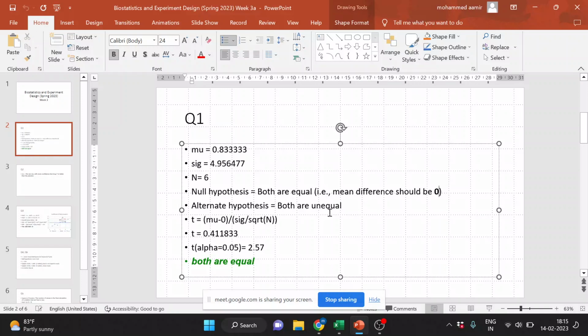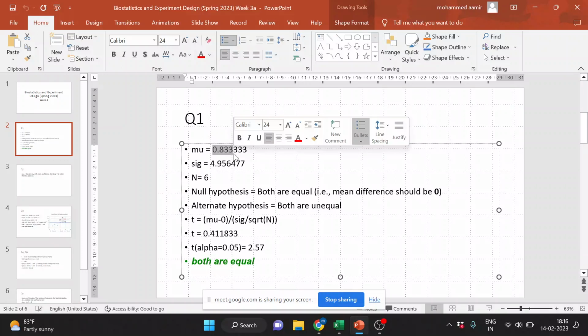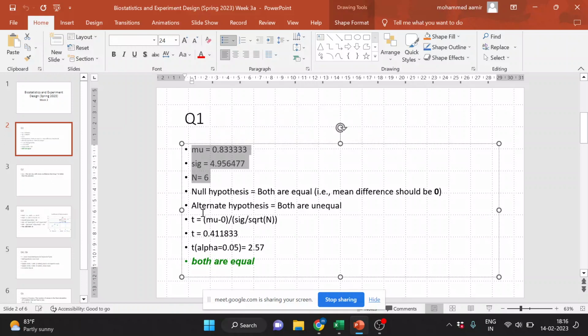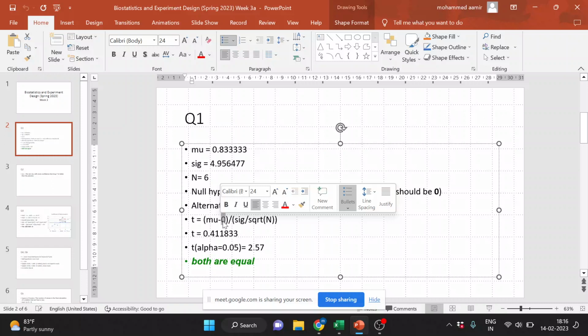That's the alternate hypothesis. Now, when I calculate the mean of all those values that were given, it was 0.833. The standard deviation of that was 4.95. Number of samples was 6. I use these three values and I find the t value, which is nothing but mu minus 0. This 0 is important here because that's your null hypothesis.